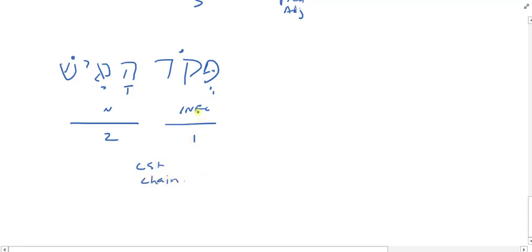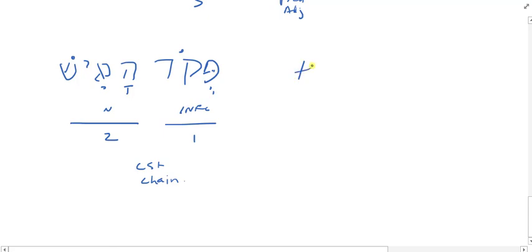Okay? What normally fills the 2 slots of a construct chain? What kind of words? Yeah, they're usually 2 nouns slapped up next to each other, and they form a unit. Noun 1, noun 2, or what I like to call thing 1, thing 2. But guess what? I can put an infinitive construct in that first position to fill a noun slot as well.